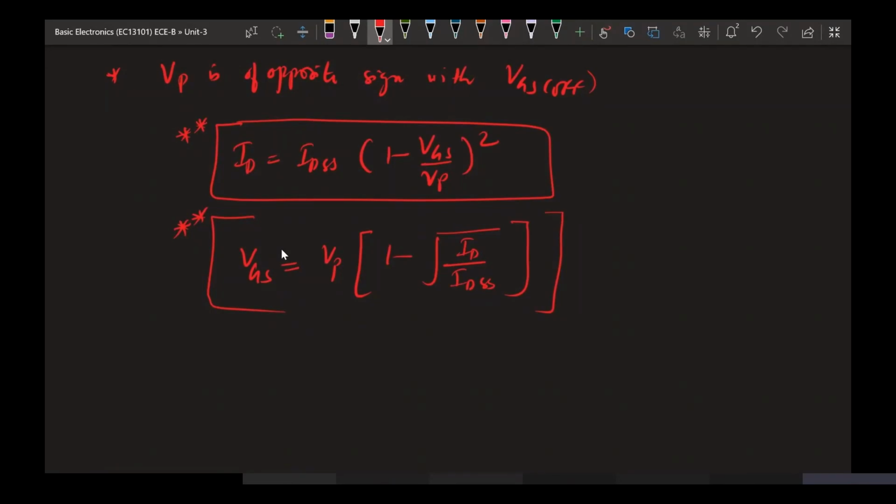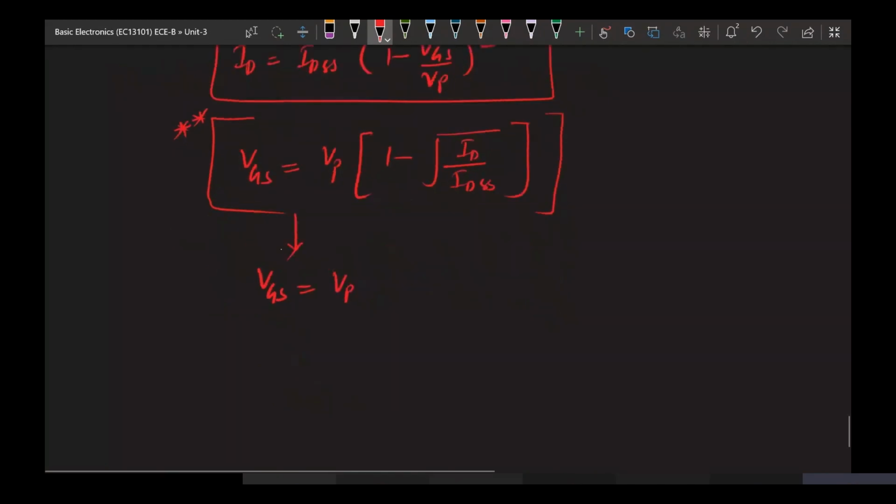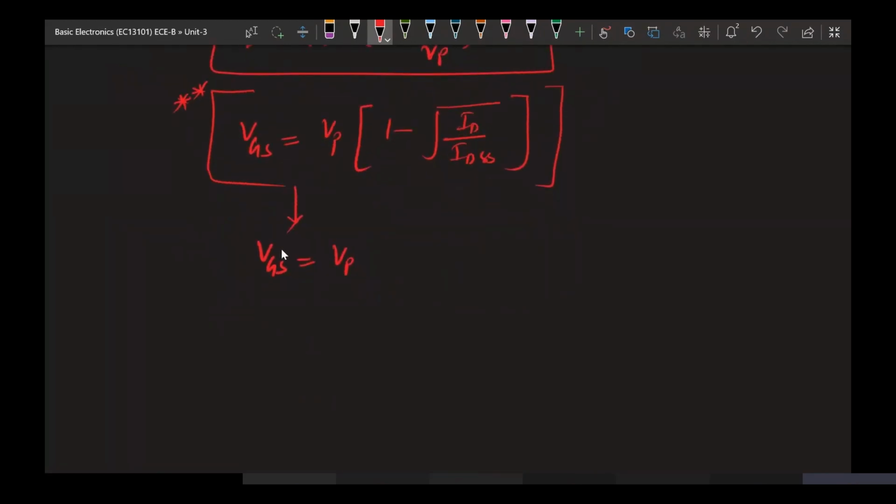If we put the value of VGS equals to VP, suppose we put VGS equals VP, then VP equals VP times (1 minus under root ID by IDSS).